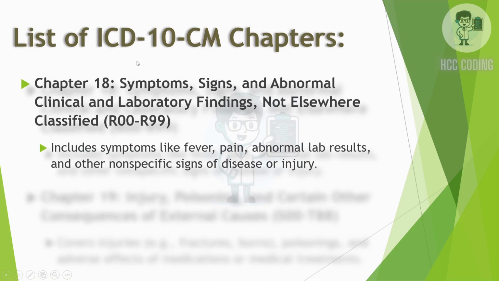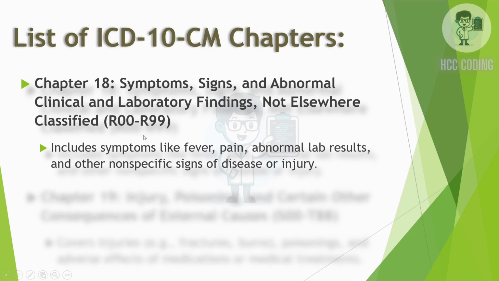And coming to chapter 18, it includes symptoms, signs, and abnormal clinical and laboratory findings, where the code category starts from R00 to R99, which includes symptoms like fever, pain, abnormal lab results, and other non-specific signs of diseases, meaning signs and symptoms of different diseases are covered under chapter 18.